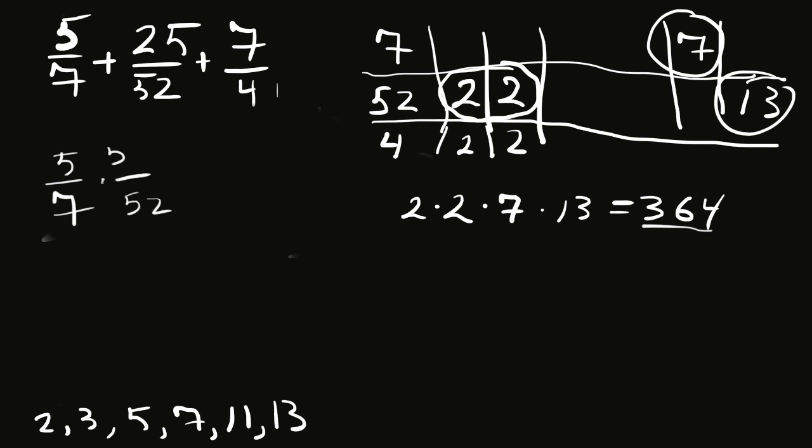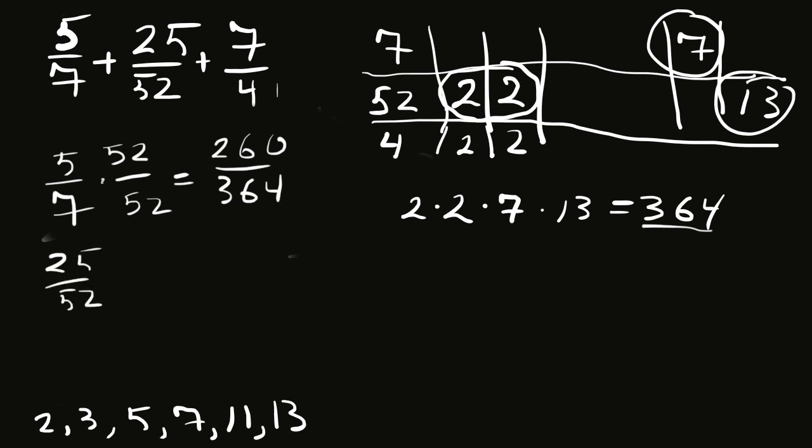So we're going to multiply this one by 52/52, and you're going to want to use your calculator for this, or it's going to take quite a while. That's going to give you 260/364ths.